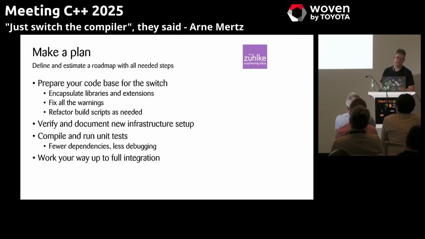Fix your warnings. Refactor your build scripts. So you can beforehand say, well, if I have multiple compilers, where do I have to touch my build scripts? Because when your build script is doing something very GCC specific, because you have only been using GCC so far, then maybe you have to say, if I'm using GCC, then I do this, else blank for now, but we will have to fill this in later.